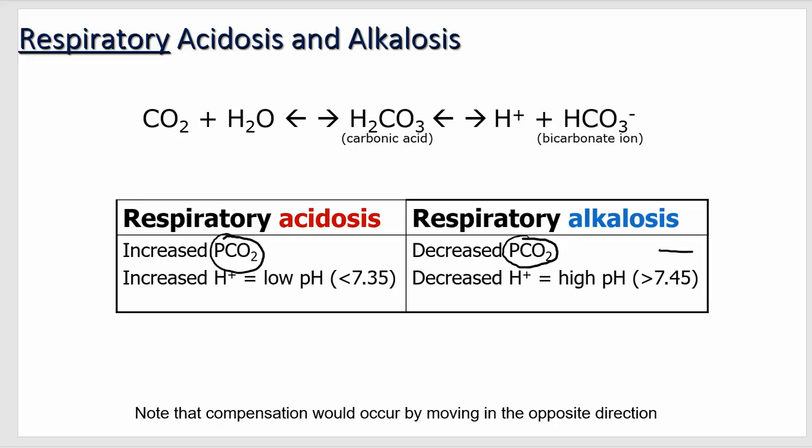So the take-home message here is respiratory, you're looking at partial pressure of carbon dioxide. That will cause an increase in hydrogen, which is what is causing the acidic condition. And it's the opposite with alkalosis: decreased free hydrogen and increased pH.